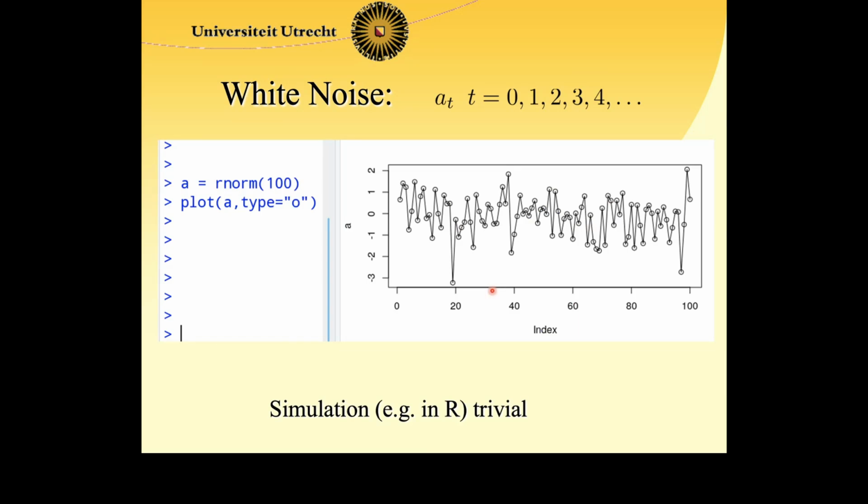Now you can easily generate that in R. You define a vector A, using the R norm function. If you don't give it any other parameters, it generates standard Gaussian white noise. This is of length 100, so if you plot it, you get 100 time steps of discrete time white noise.